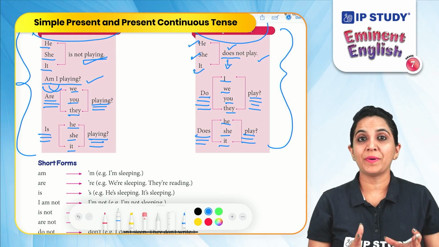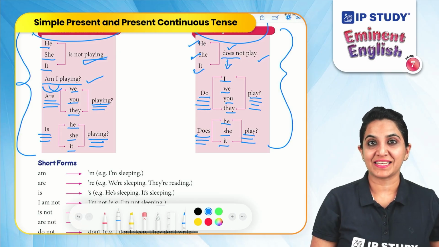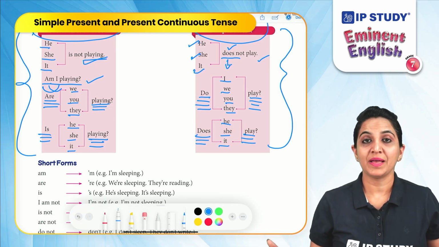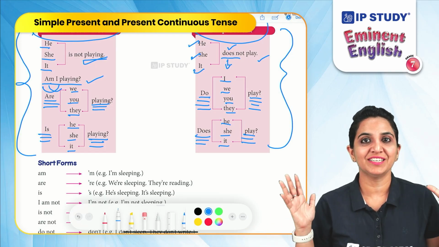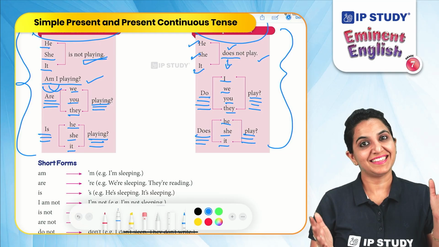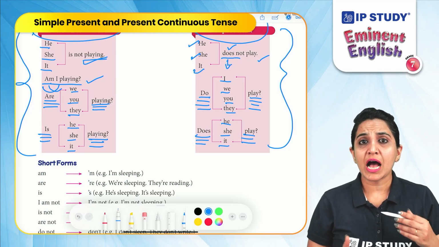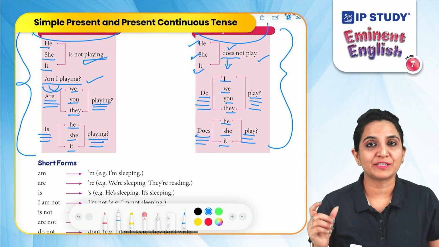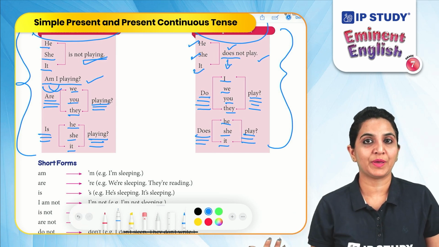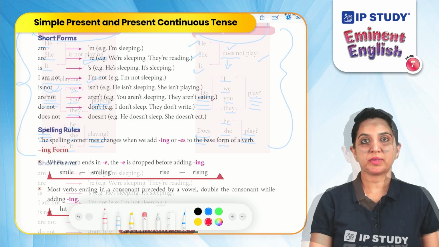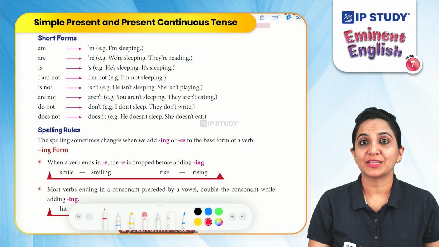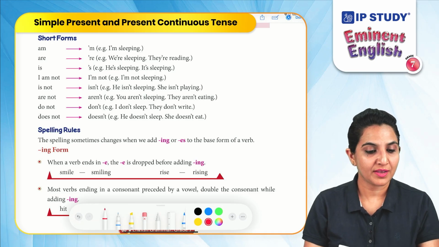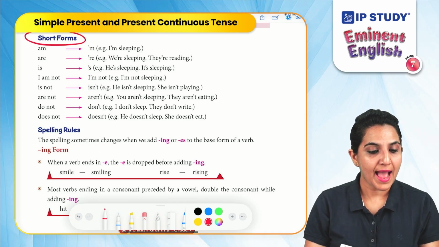So I hope that the present continuous tense, the simple present tense and the difference between them is very much clear to you. So let's study how we create the short forms or contracted forms of the helping verbs and the subjects. What are these short forms? Am.